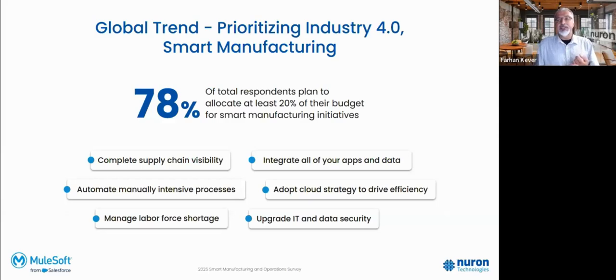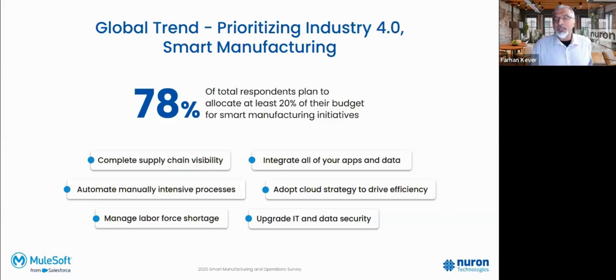Achieving full supply chain visibility, integrating apps, data, and systems across the value chain, automating labor-intensive processes to offset skilled labor shortages, driving efficiency through cloud adoption, and reinforcing IT and data security to protect their transformation.